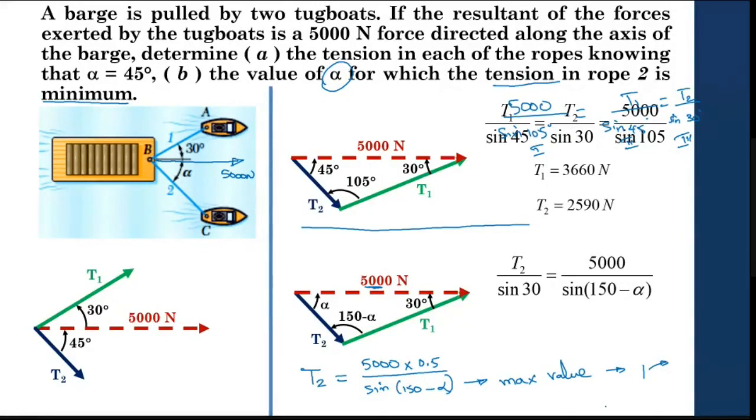Okay, that is good. So at theta is equal to 90 degree, I will get 1, right? Which means this 150 minus alpha should be equal to 90 degree. So in that case, what will be your alpha? 60 degree, right? This is the answer.